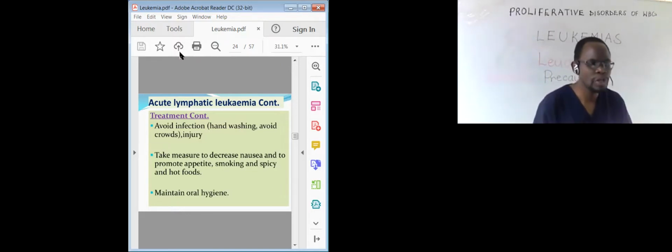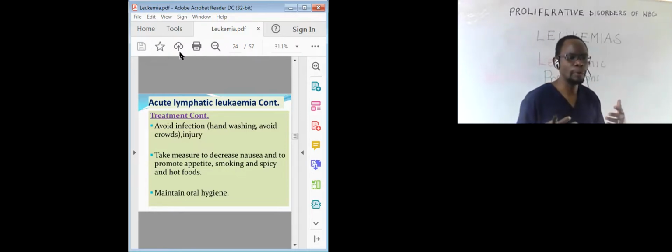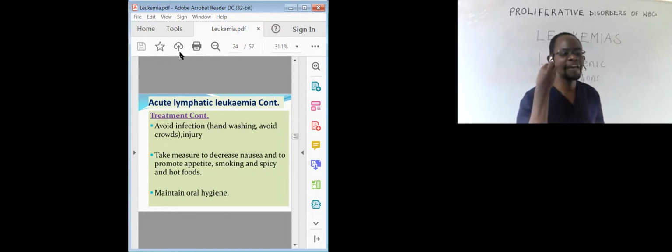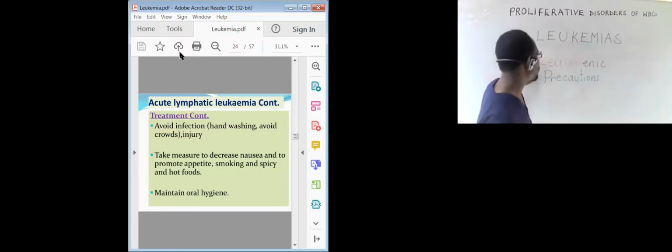Things like hand washing, avoiding crowds, and not eating certain things raw. For example, when you get a mango, don't eat it like that; you have to peel it to remove the outer surface. All those are referred to as leukopenic precautions.